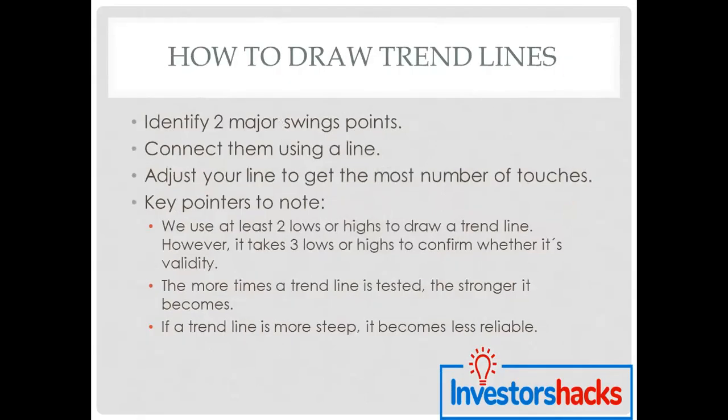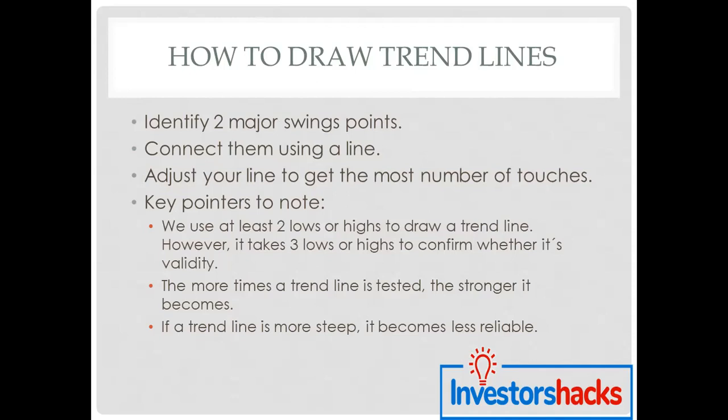When drawing trend lines, you need to identify at least 2 major swing points. It can be 2 major swing lows or 2 major swing highs. You connect them using a line, then you adjust your line to get the most number of touches and you extend it.